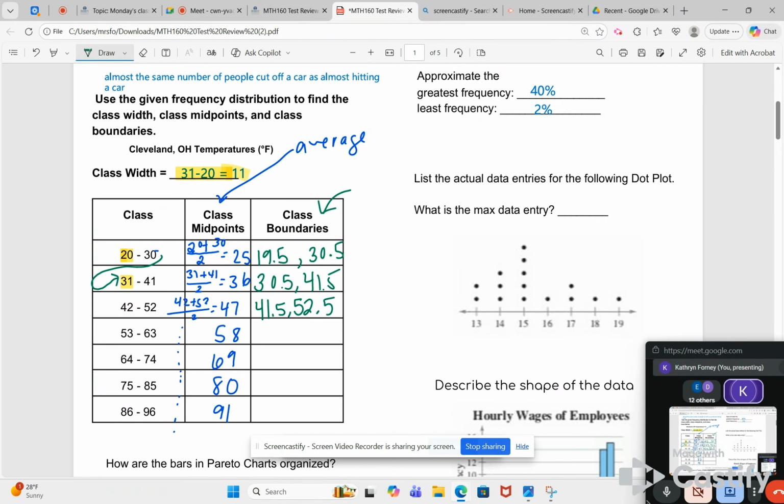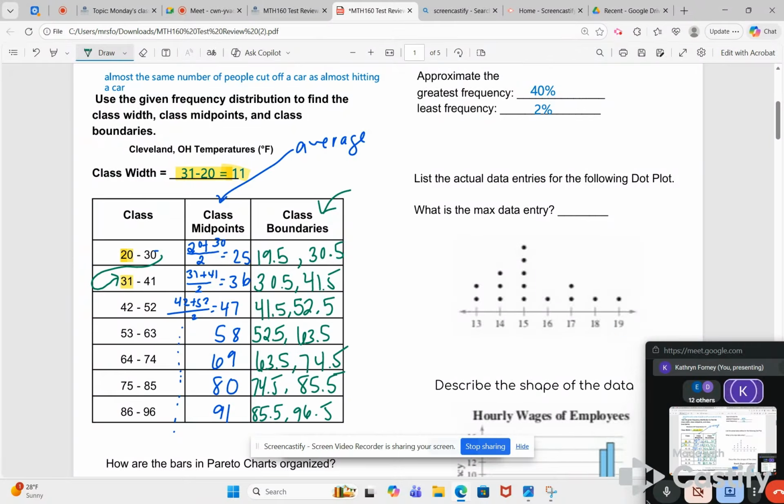All right, then you would have 52.5 to 63.5, 63.5 to 74.5, 74 and a half to 85 and a half, 85 and a half to 96 and a half.